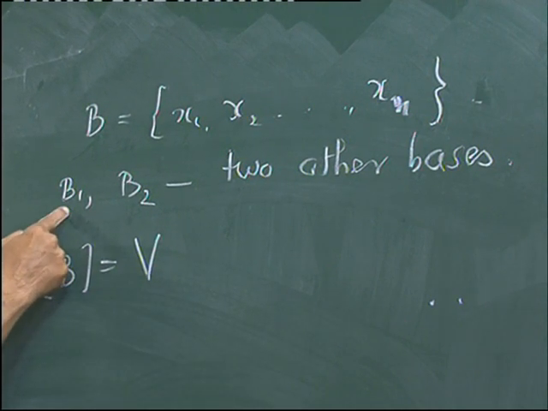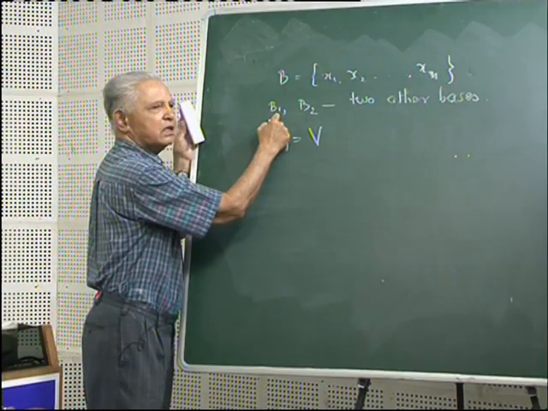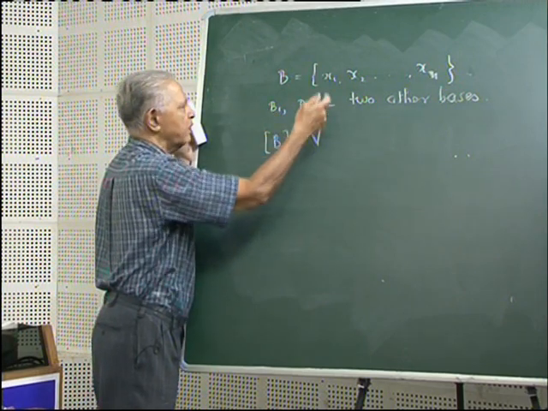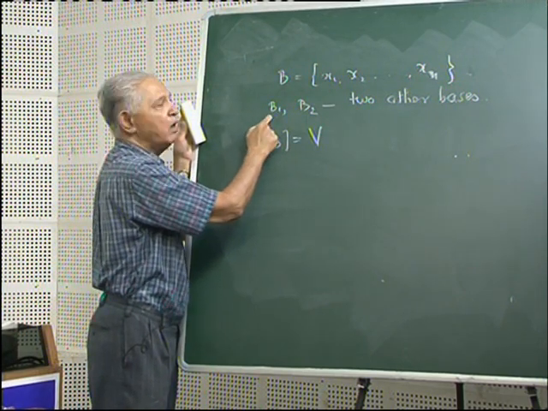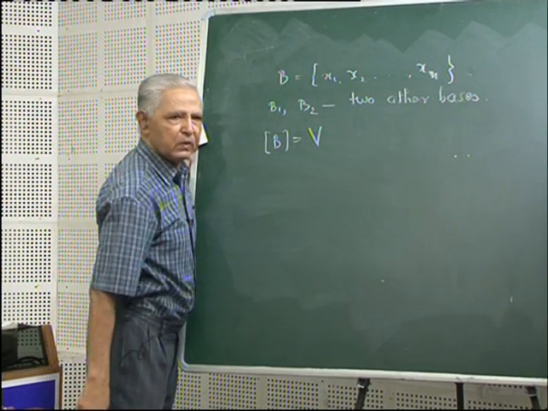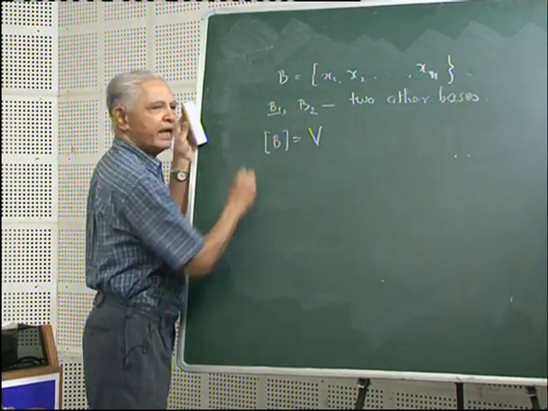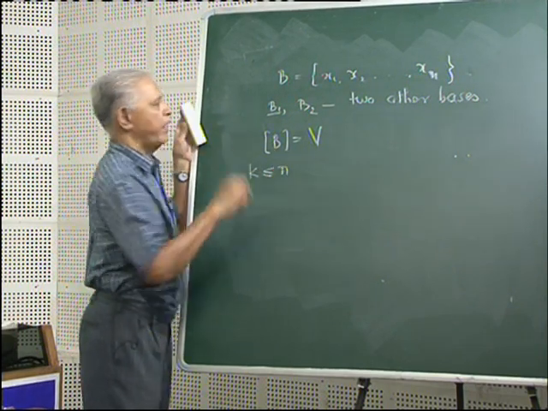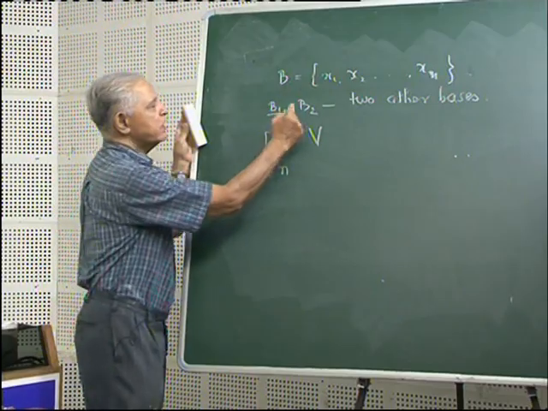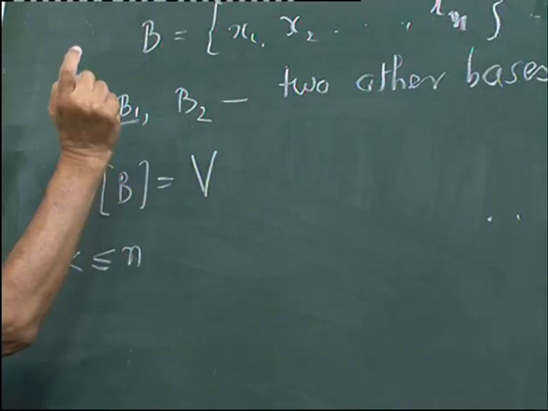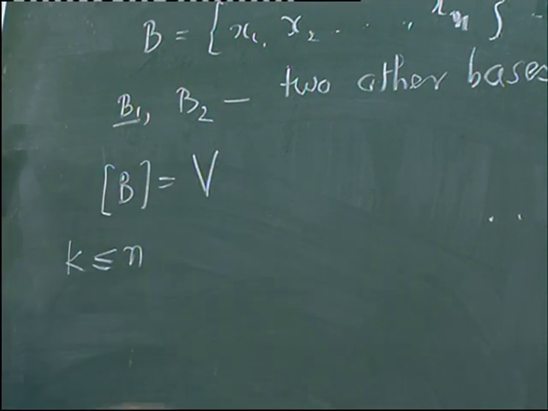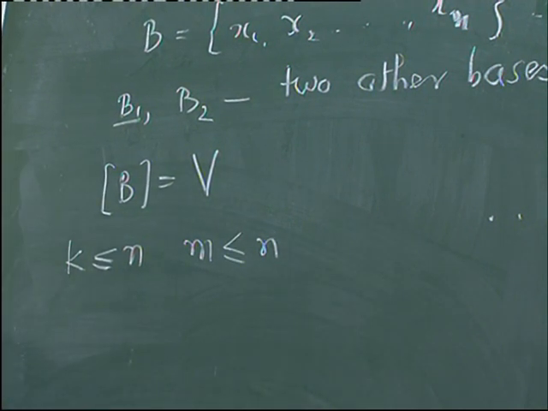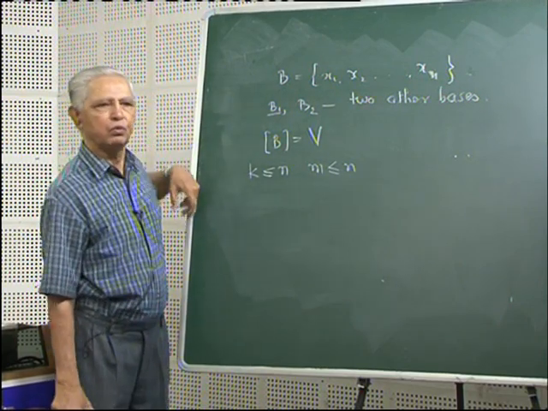B1 being a basis, the vectors of B1 are linearly independent, and so by the previous theorem, the number of elements in B1 must be at the most n. That means, if B1 contains k elements, then we have k less than or equal to n. Using the same argument for B2, if B2 contains m elements, then we have again m less than or equal to n. Now, we interchange the roles of B and B1, B2.